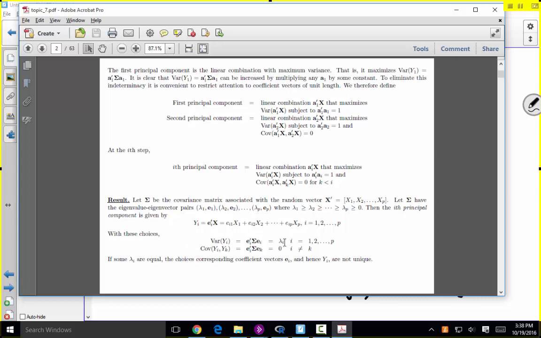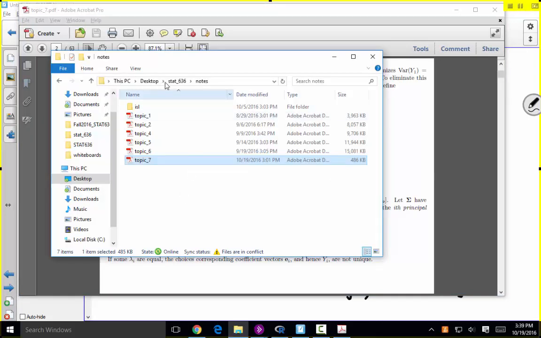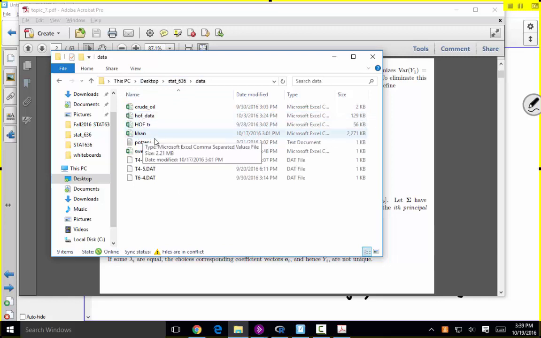And then what we have is the variance of each of those principal components equal the corresponding eigenvalues. So principal components, in essence, is just doing eigenvalue, eigenvector decomposition of a covariance matrix or a correlation matrix. So let's look at an example before we get too far into the weeds here. I'm going to go to the Hall of Fame data.